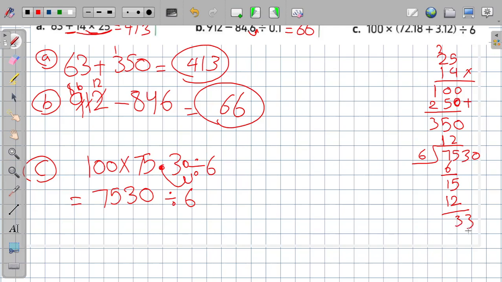So I have 33 divided by 6 equals what? I think it will be 5. Because I have 5 times 6 equals 30, and the remainder will be 3. So next digit I have 0. So 30 divided by 6 equals what? I think it's 5. Because 5 times 6 equals 30, and the remainder will be 0. So the result will be 1255.